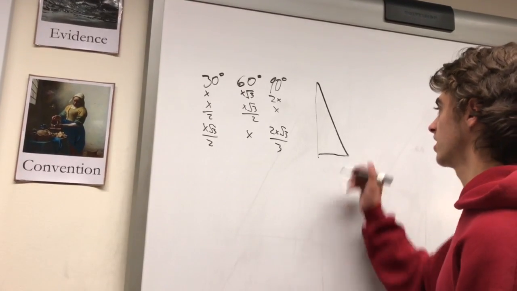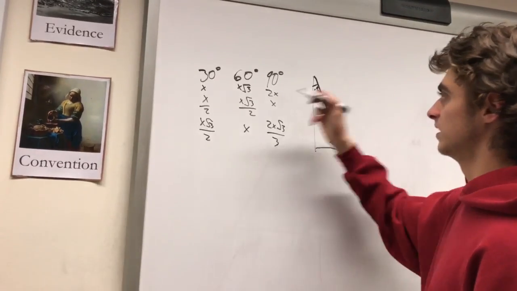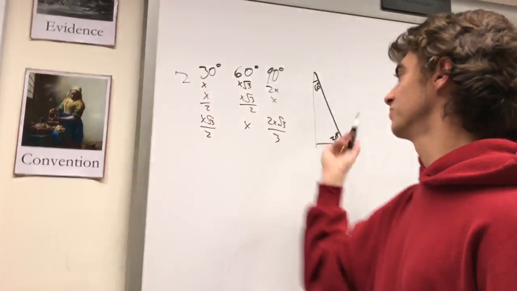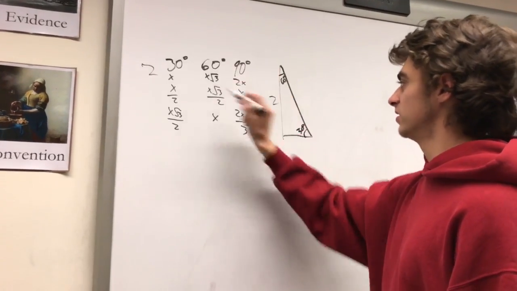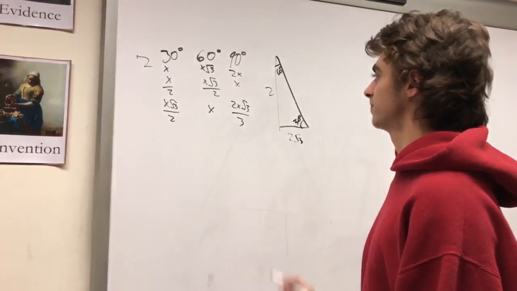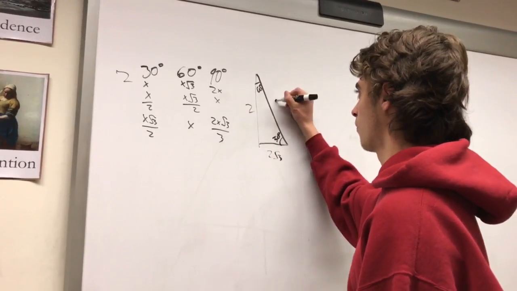So let's say the side opposite 30 is, I don't know, 2, whatever. This is 2 right here. The side opposite 60, 2 root 3. That means the side opposite 90, 2x, is 4.